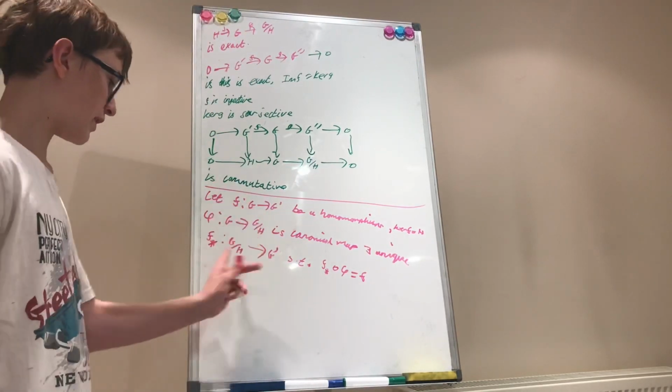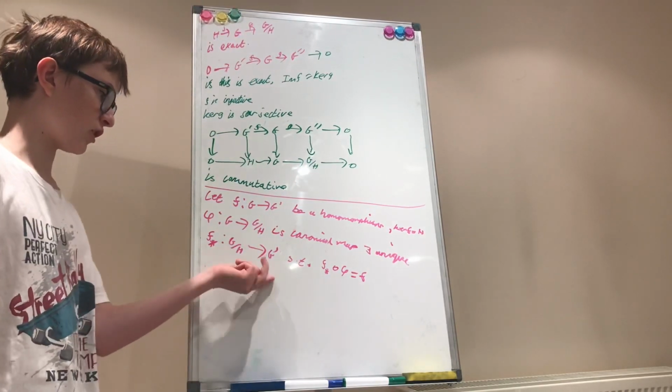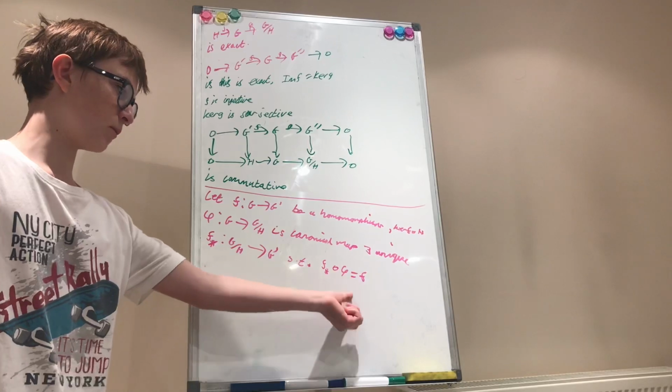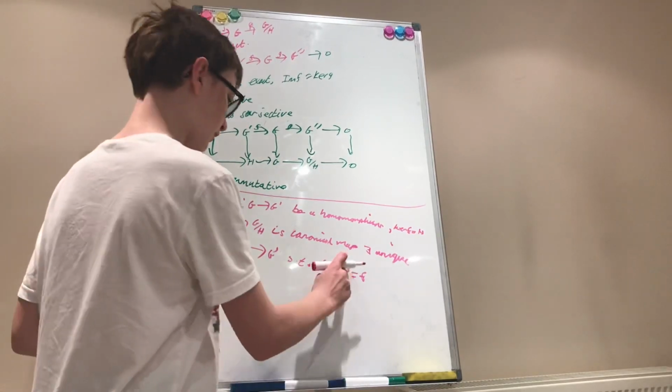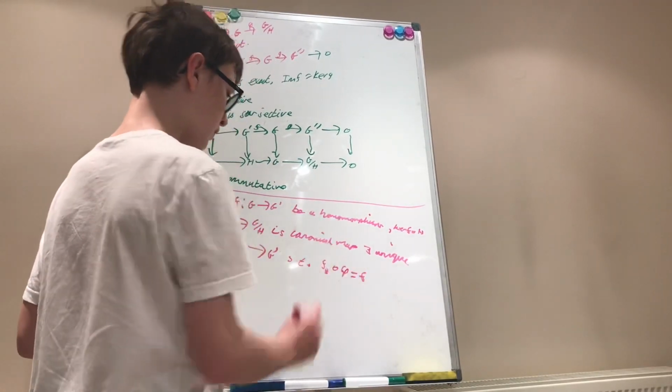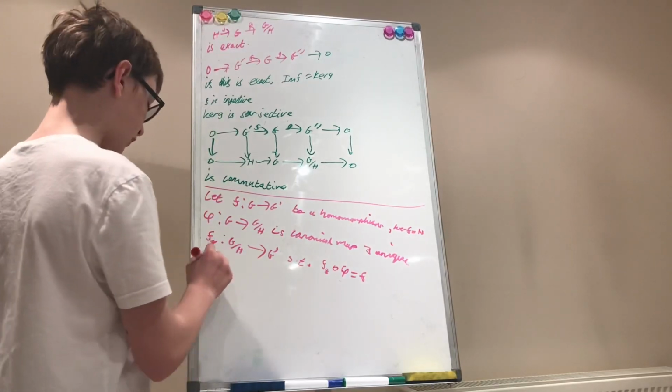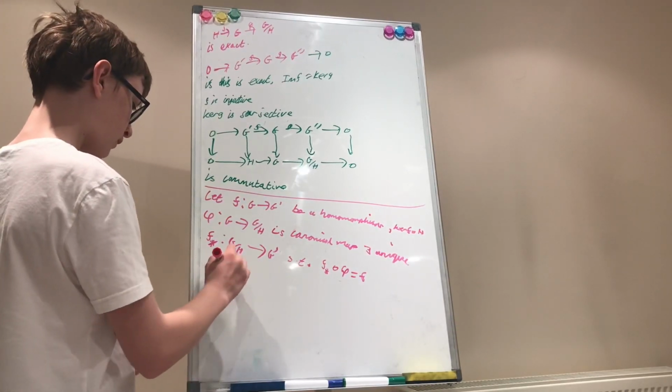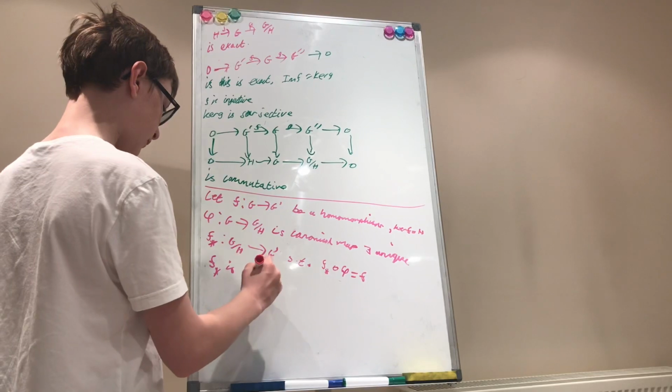There exists a unique f star from G mod H to G prime such that f star compose phi is f, and f star is injective.